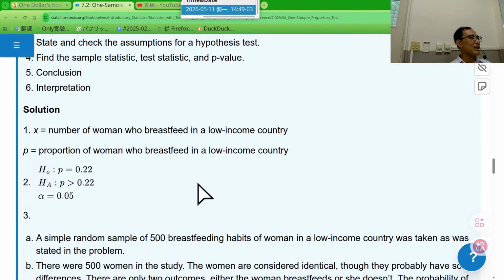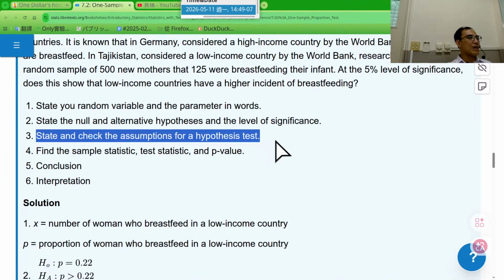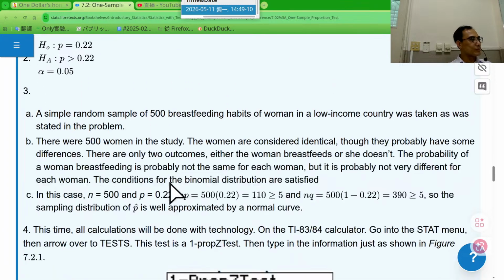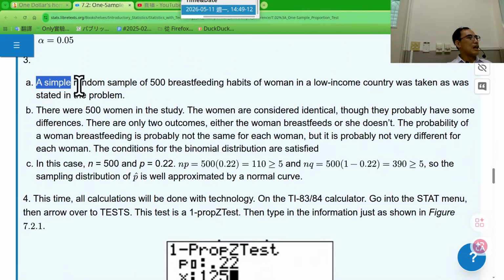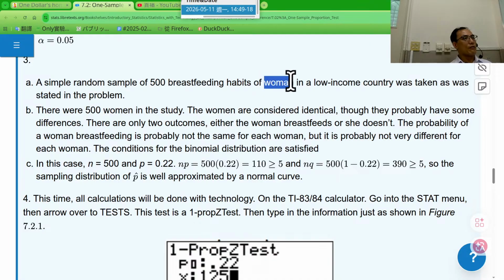Let's move on. Question C: state and check assumptions for a hypothesis test. Here, a random sample of 500 women's breastfeeding habits.